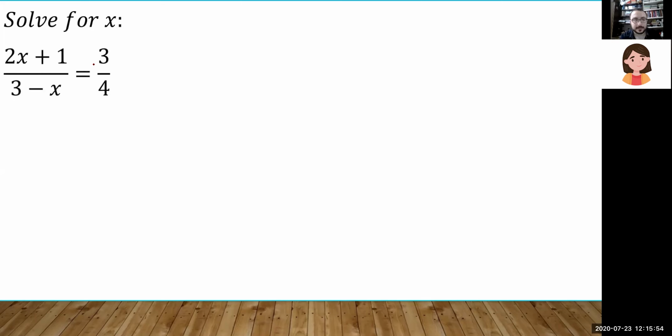This one, are you able to solve this one alone? It's 3x divided by 4.